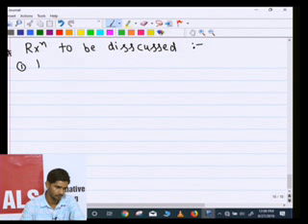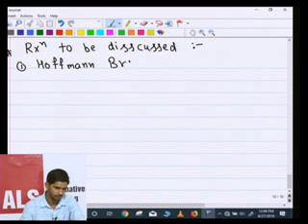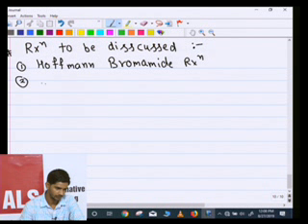First, Hoffmann bromamide reaction. Next, Lossen reaction.